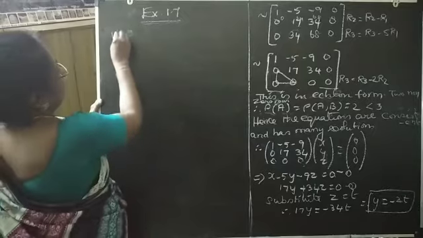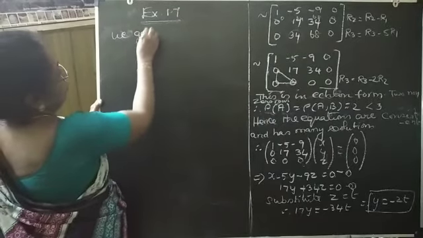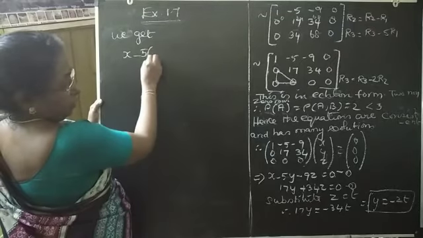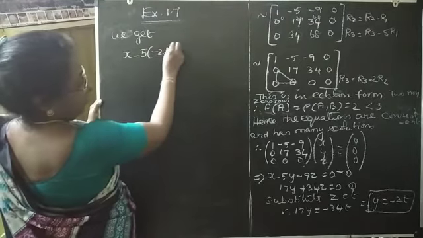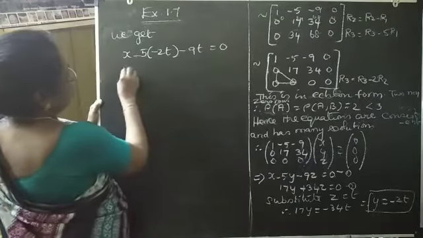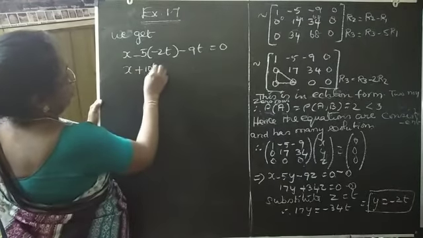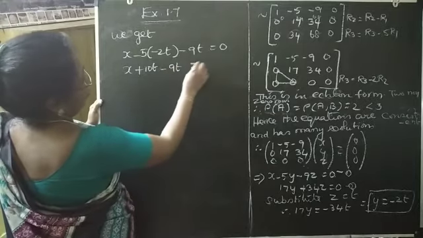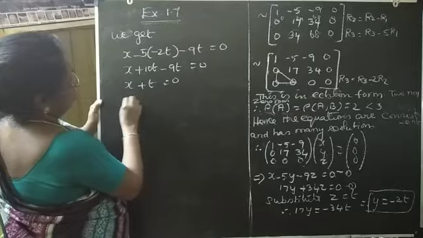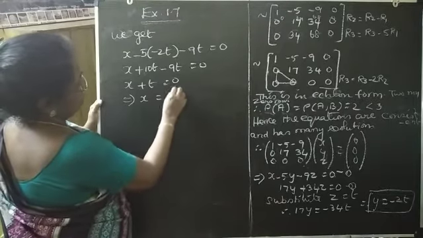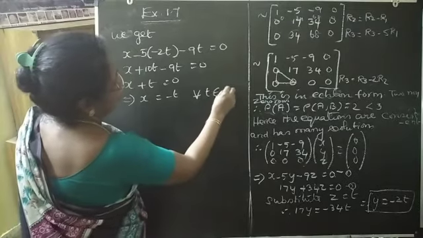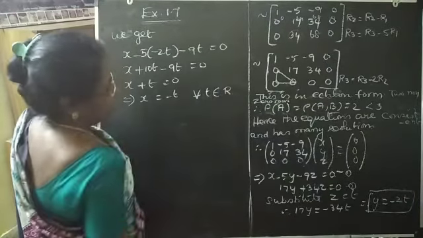So we get x minus 5 into minus 2t minus 9t is equal to 0. So x plus 10t minus 9t equal to 0. x plus t is equal to 0 gives x is equal to minus t, for all values of t belonging to the set of real numbers.